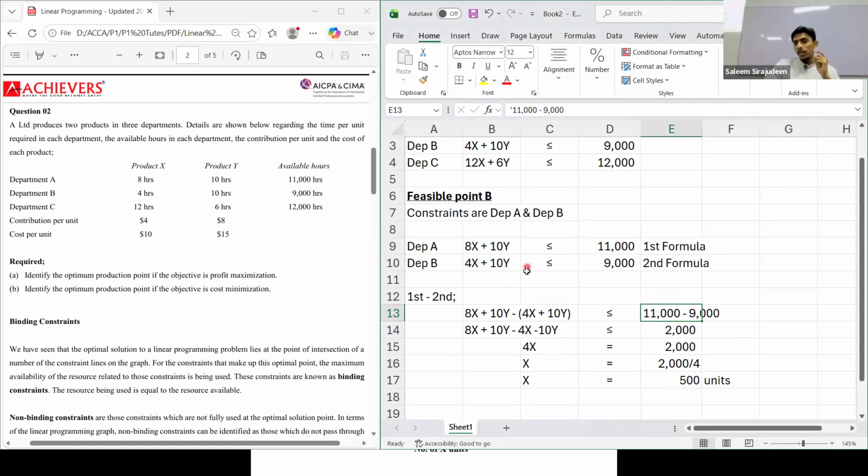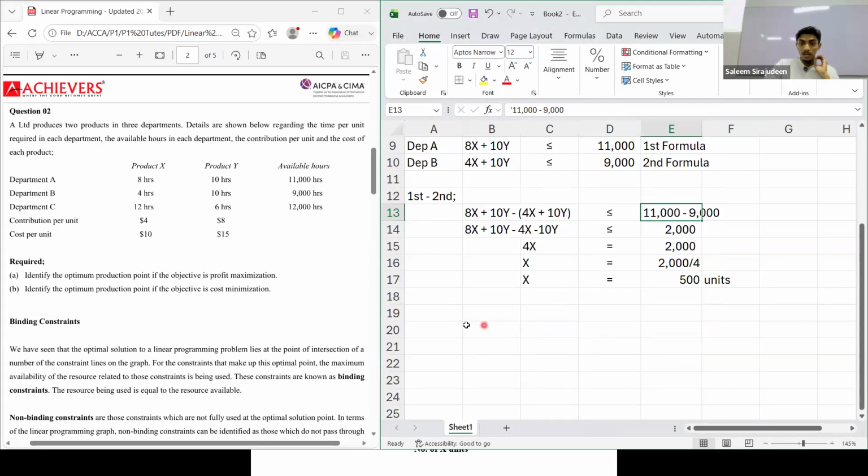Yes or no? So we'll substitute this x equal 500 into the second formula, right? Got it? Right.